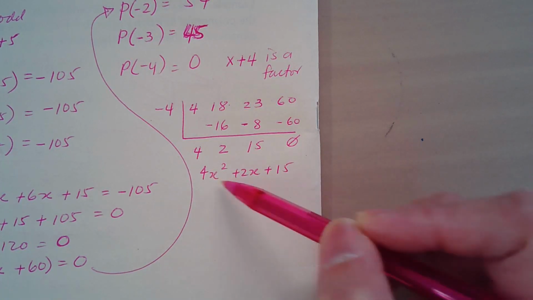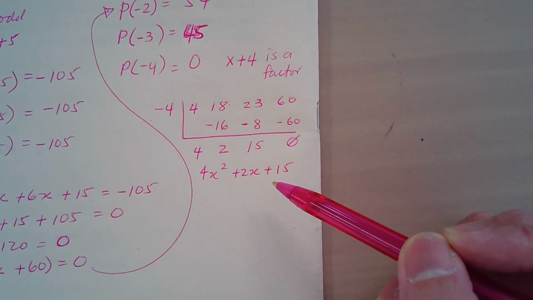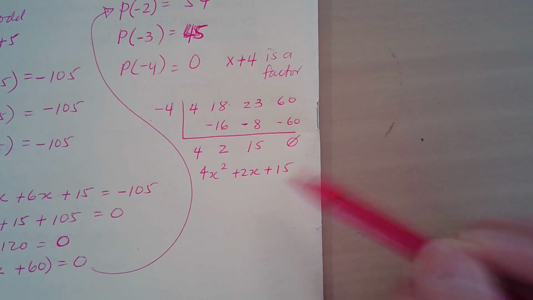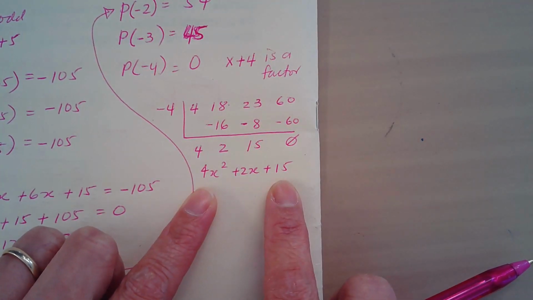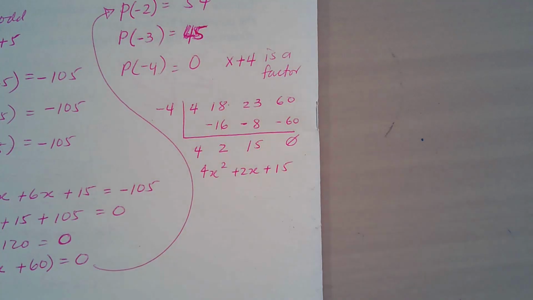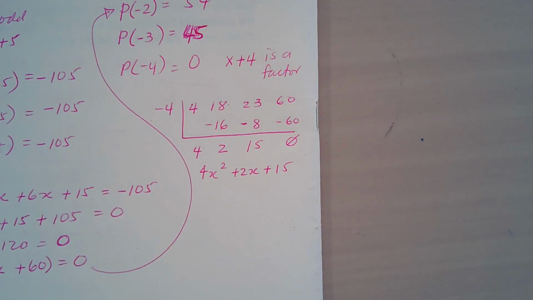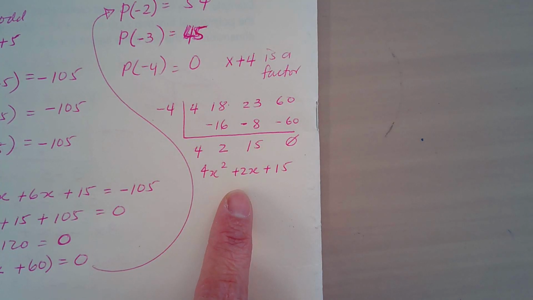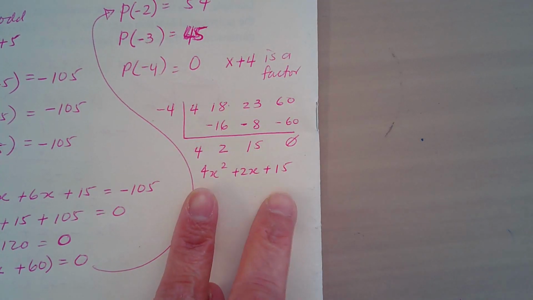Is this a nice factorable thing? It's going to give us a 60 that adds up to 2. Is there such a thing? Is it 4 times 15?